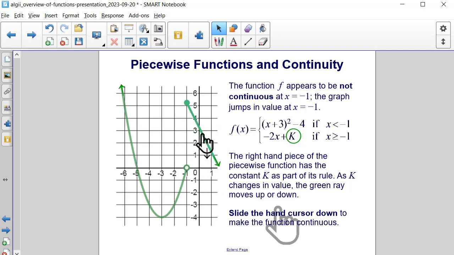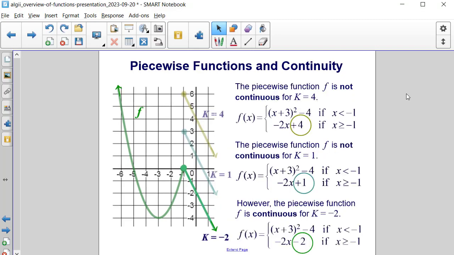If we slide the hand cursor down to make it continuous, where does it become continuous? Right about here. The piecewise function f is not continuous at k equals 4. That will end up having its function value output be +6, and that's not 0. It's also not going to be continuous for k equals 1.